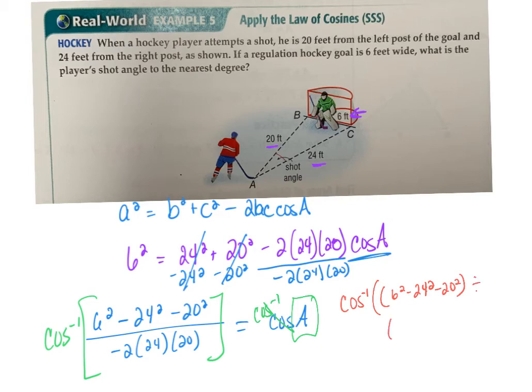Open another set of parentheses. -2 times 24 times 20. Close parentheses again, and then it will do it for you. So when you round here, you should get 11.7 degrees, which means he had an 11.7 degree range here for a shot.